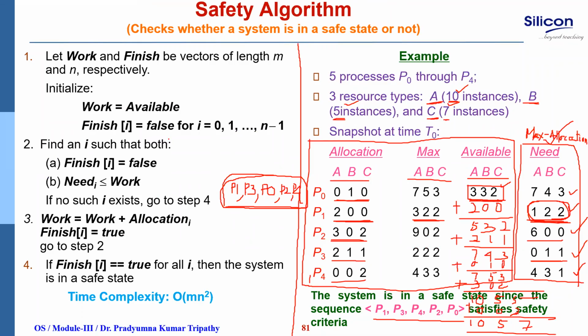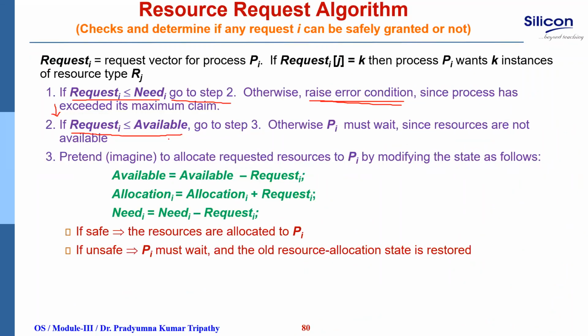So two things we will check. Whether request is less than need or not. If it is less than need, whether request is available or not. If it is available, we will go to step 3. And if it is not available, then what does it have to do? It has to wait. If it is not available, Pi must wait.